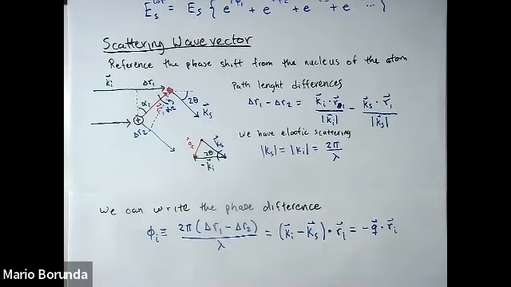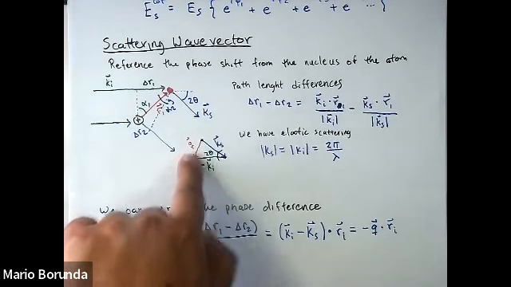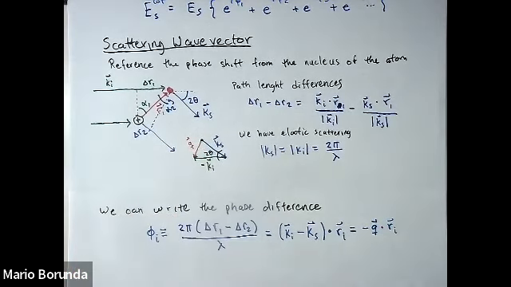This is a really important vector, the vector Q, given in this geometry by this red vector right here.